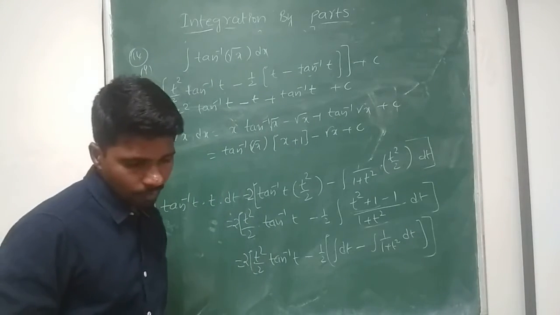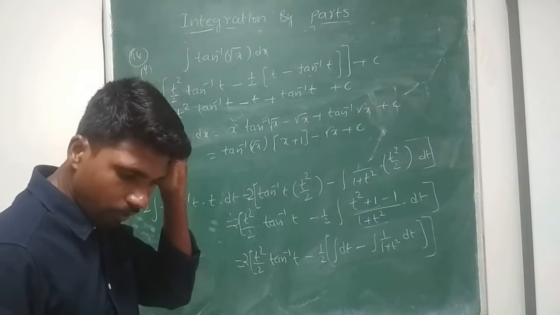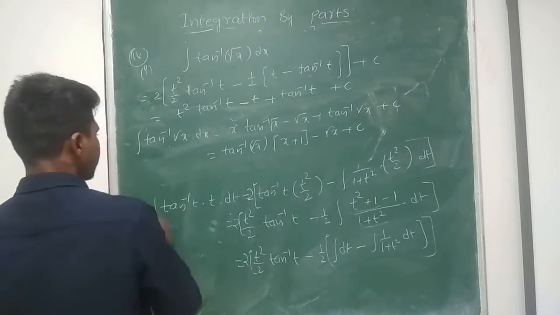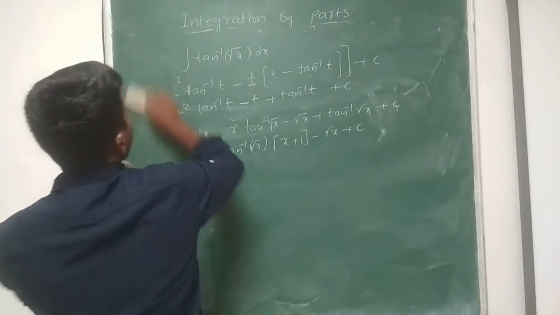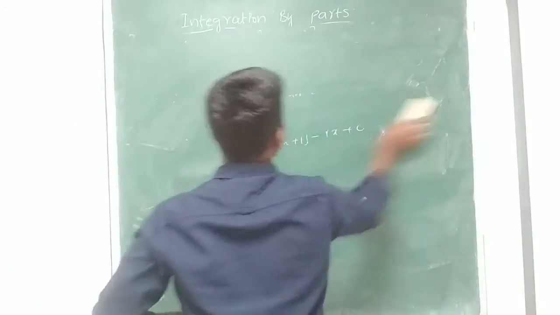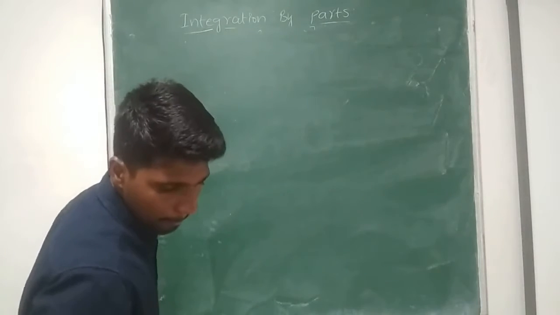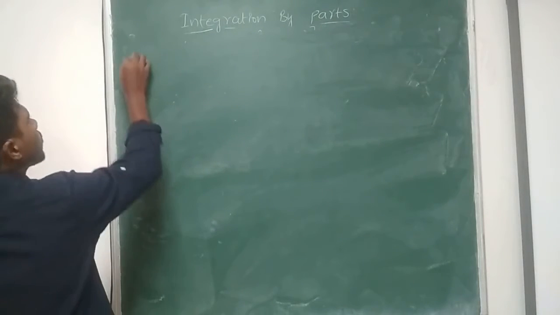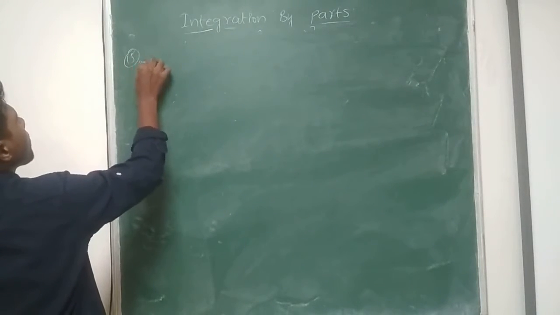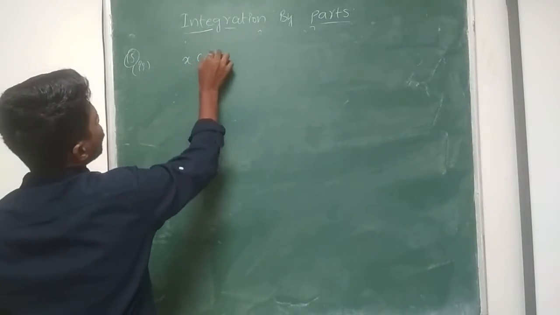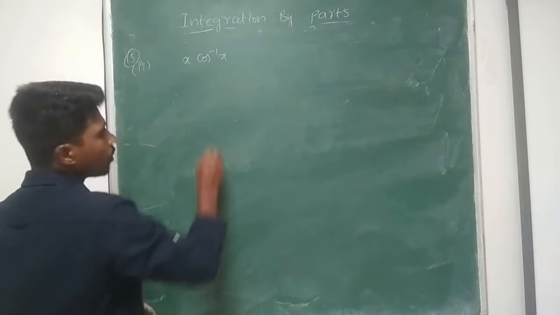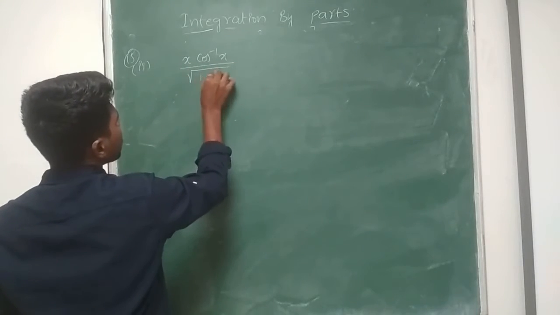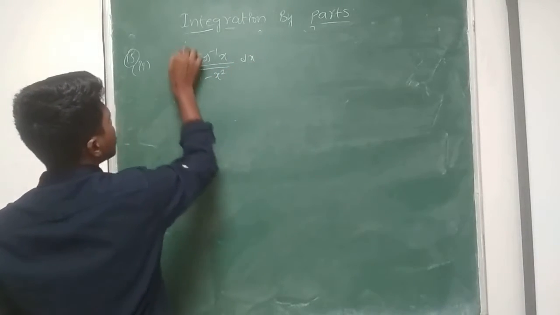Second one, consider the second one: integral x into cos inverse of x by root over 1 minus x square dx.